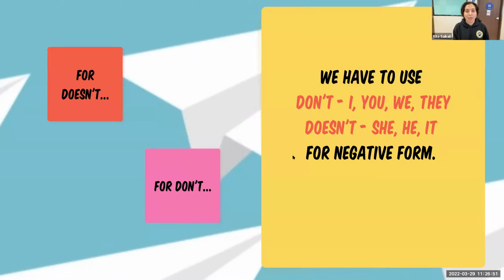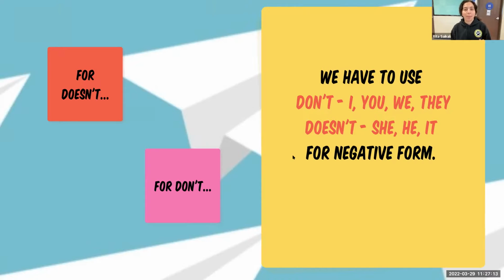Again, do not and don't are the same, they're just a contraction, but it's the same meaning. Does not and doesn't are the same, just a contraction. So we just made it shorter, easier to say.